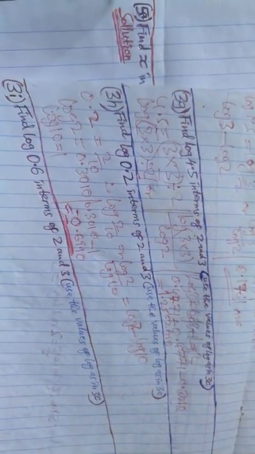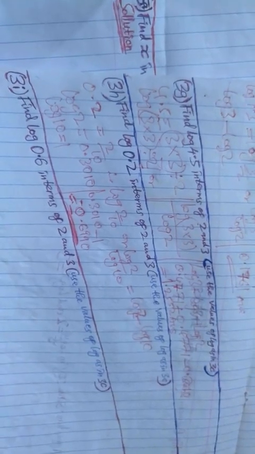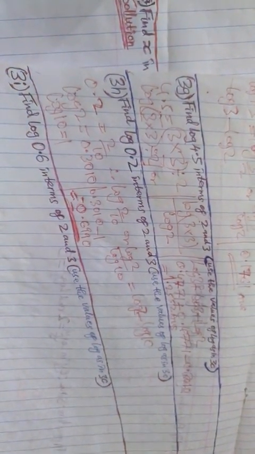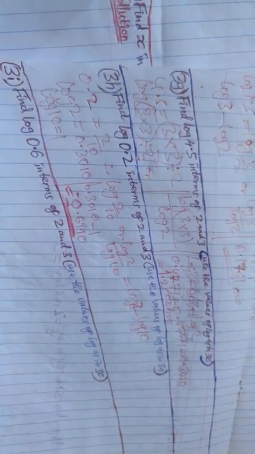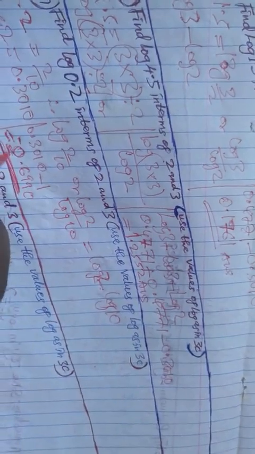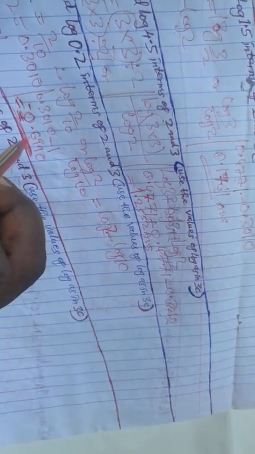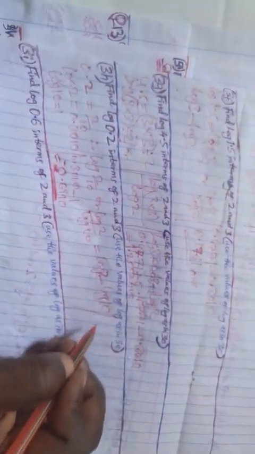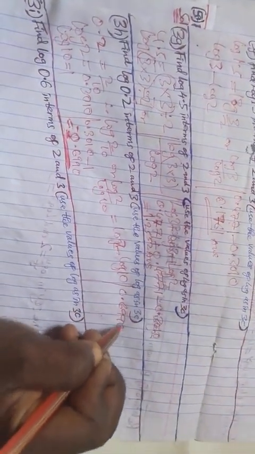Hence, for this case, our characteristic is 0 and our mantissa is negative 0.6990.